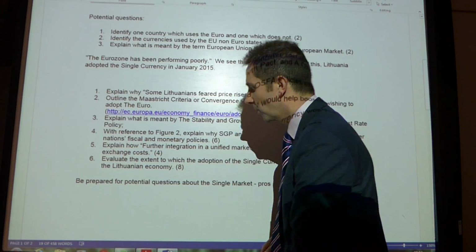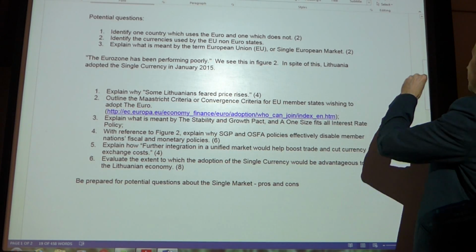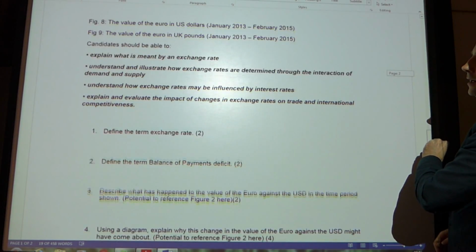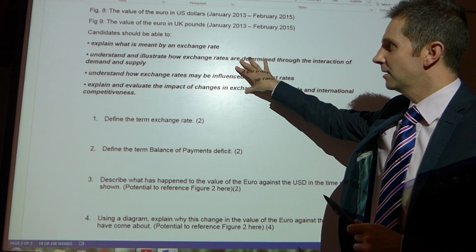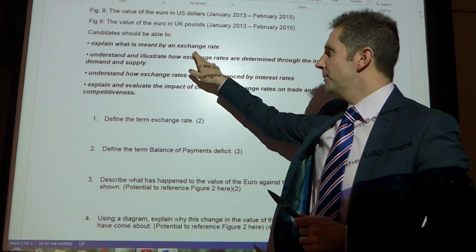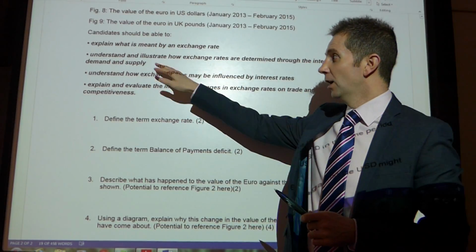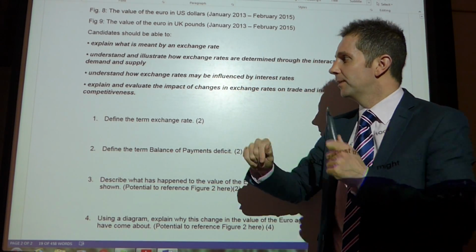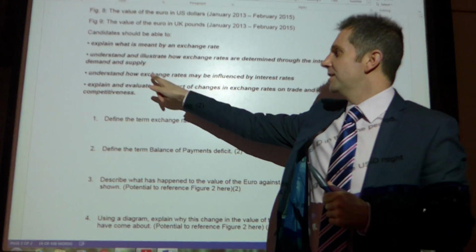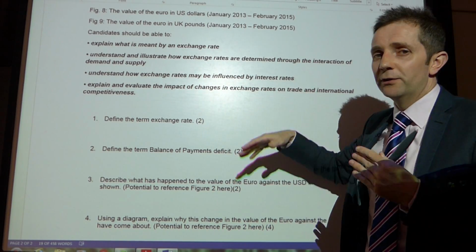And again, on this Word document, I have written for you, number one, the areas of the specification which this is looking at. So explain what's meant by an exchange rate, understand and illustrate how exchange rates are determined with a simple demand and supply diagram, and understand the factors which might influence exchange rates.